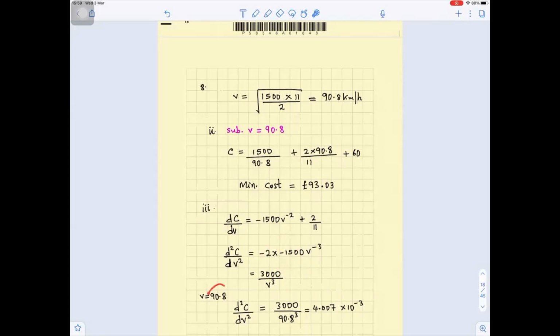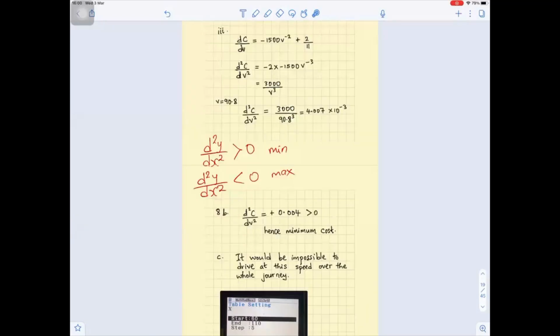And when you substitute V, it's 90.8, which we got from there. So 3,000 over 90.8 cubed gives you 4.007 times 10 to the minus 3. And when you do that, you get a positive answer.